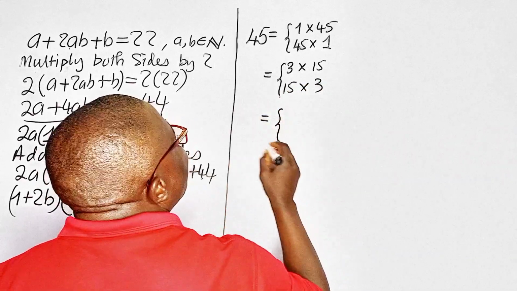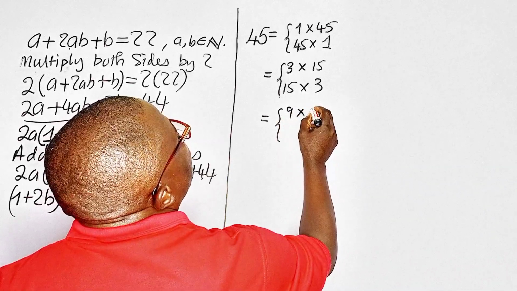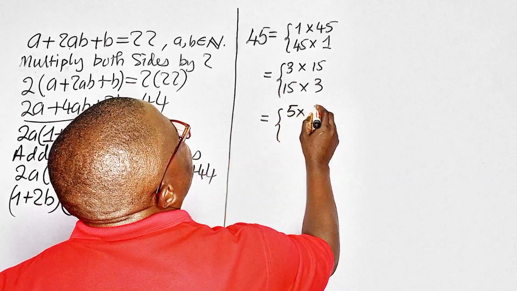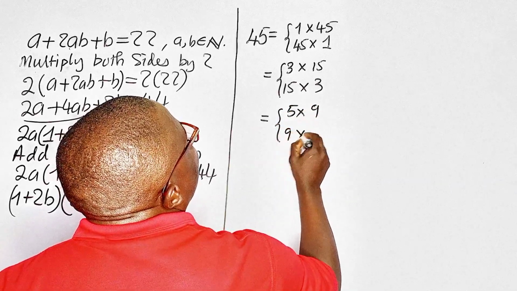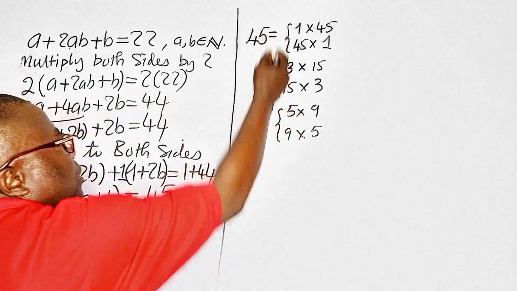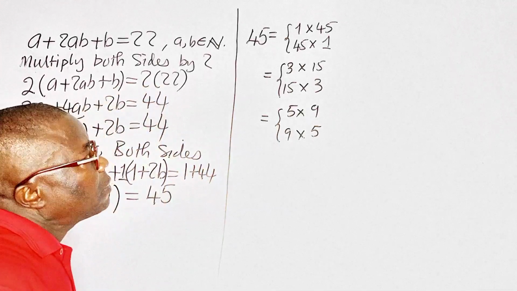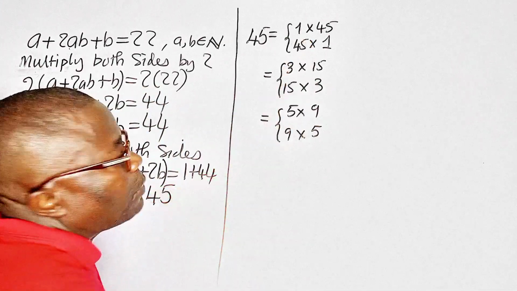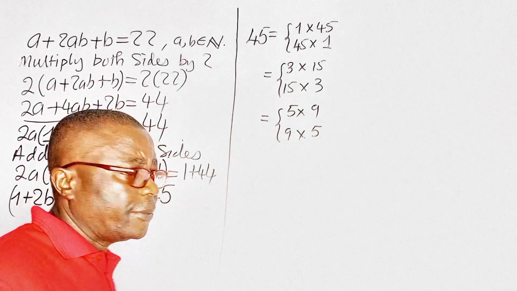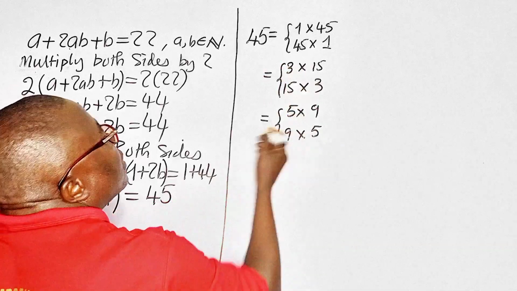Again, 45 can be decomposed as 9 multiplied by 5 or 5 multiplied by 9. Okay, these are the possible decompositions of the number 45 using its factors. This will help us form two equations from where we'll be able to solve for the values of a and b. Now, let's call this case 1, case 2, case 3.